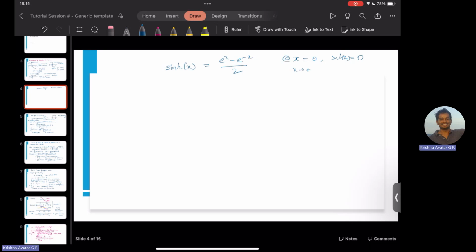X tends to plus infinity gives us plus infinity. So okay, it doesn't clearly answer our question. It looks like only tan hyperbolic had such properties that it was giving some finite answers.